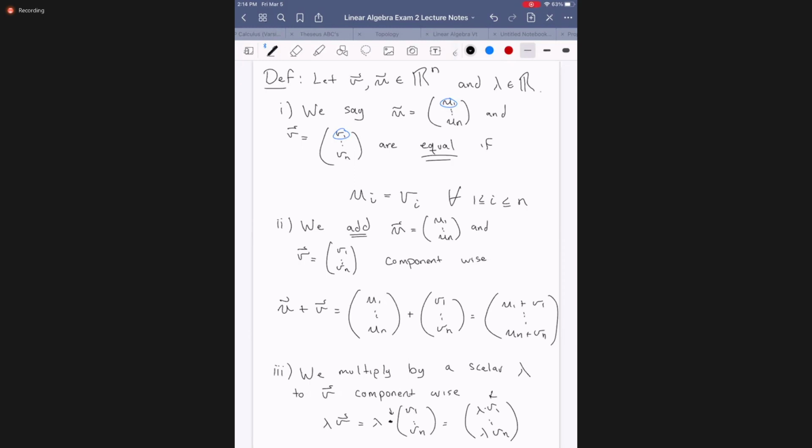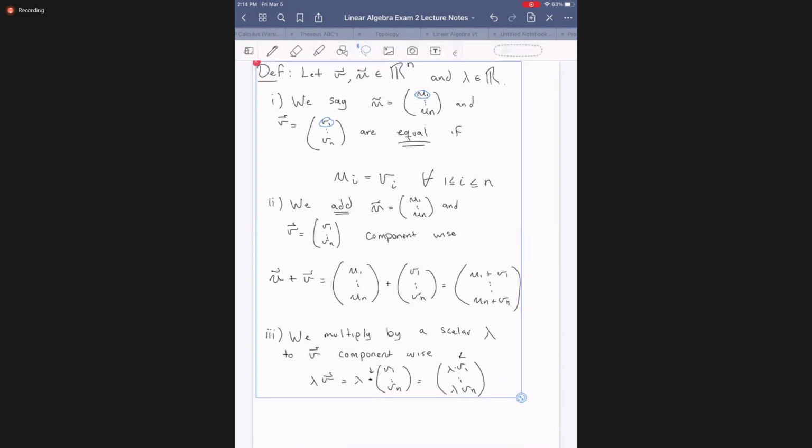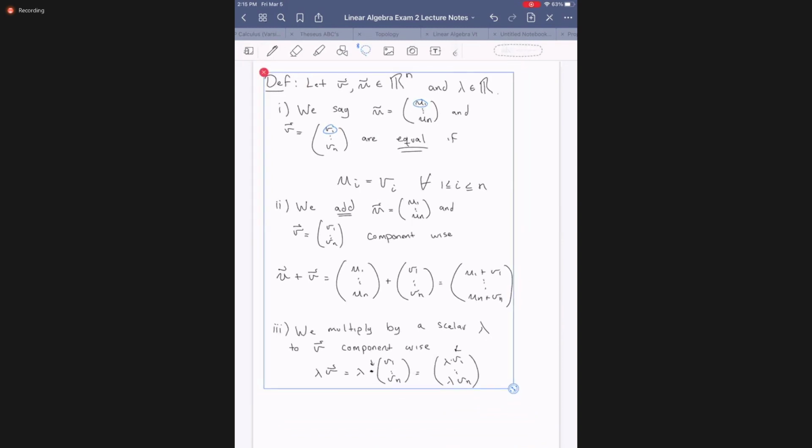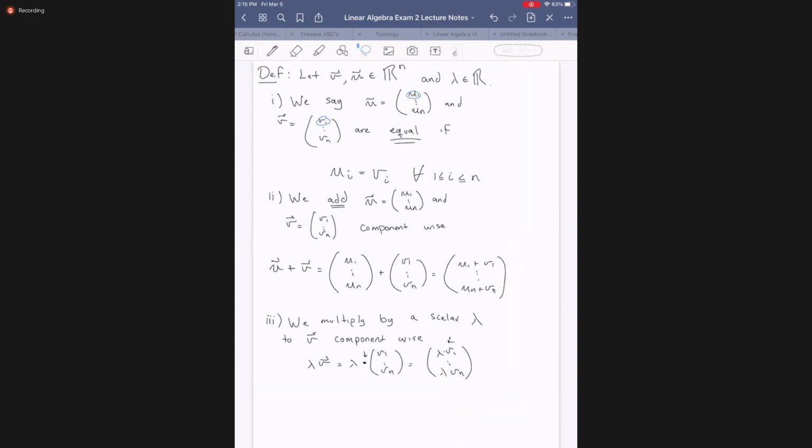Keep these thoughts in your head, because this is where you are going to do proofs for vector spaces, and you might have to think of it this way.